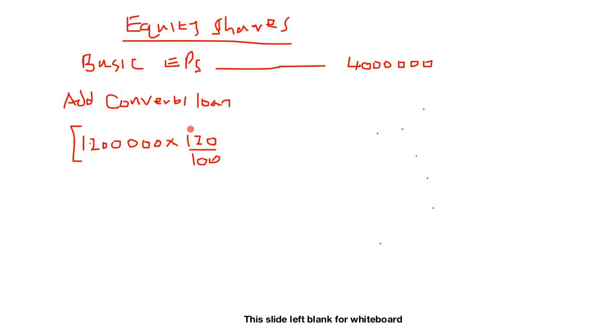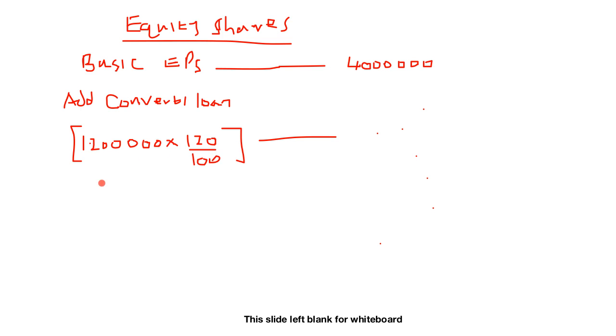That's why you find us now dividing 120 by 100. So this will give us the convertible securities, the loan stock that will convert to the ordinary shares. So can we get this 1.2 times 120 over 100? So that is simply 1.2 million times 1.2, because 120 divided by 100 is 1.2.